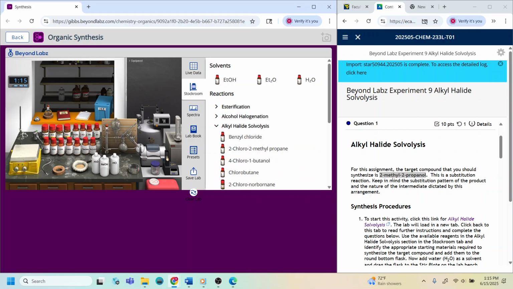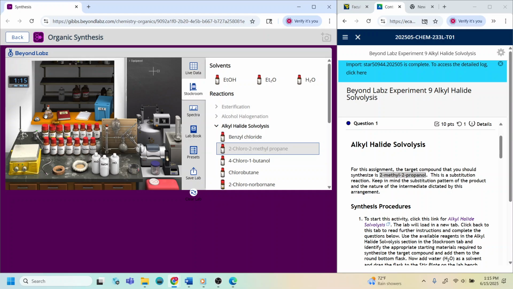So we agreed to make the 2-methyl-2-propanol. We need to start with the 2-chloro-2-methylpropane. Over here, you do have your flask. This is your reaction flask. By simply clicking on any one of these, it's just going to immediately go into the flask. So we need the 2-chloro-2-methylpropane.